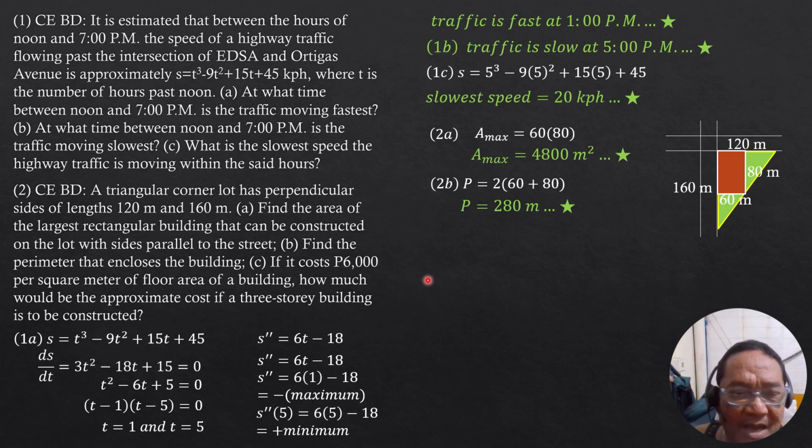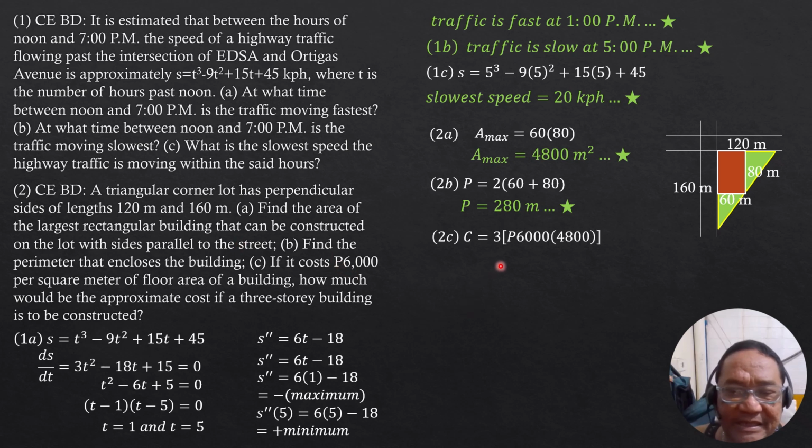how much would be the approximate cost if a 3-story building is to be constructed? So the cost is equal to 3 stories, 3 equal rectangular areas, times 4,800 times 6,000 pesos per square meter.